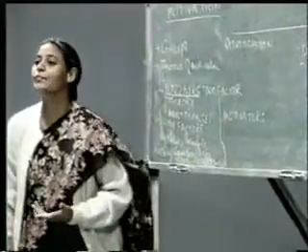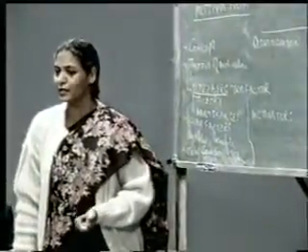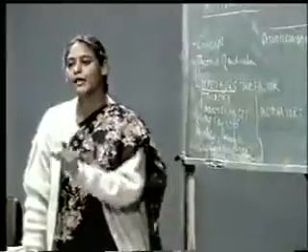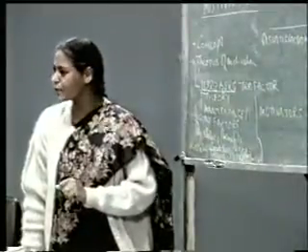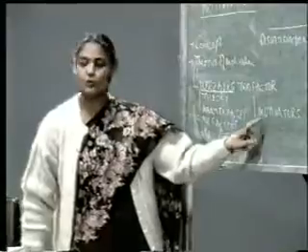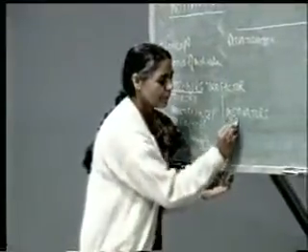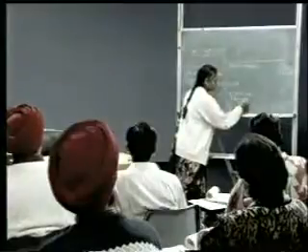Now what is it that motivates the individual in a work setting? That is, what is it that adds to the satisfaction of the employees in the work organization? These factors are achievement.